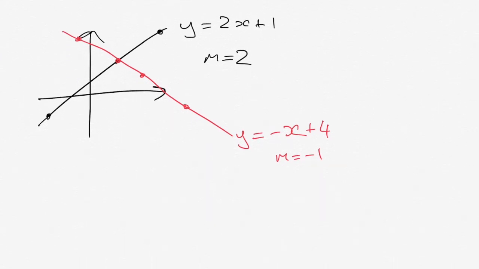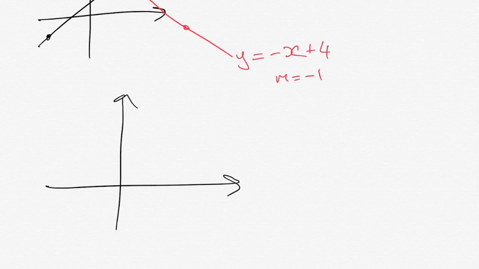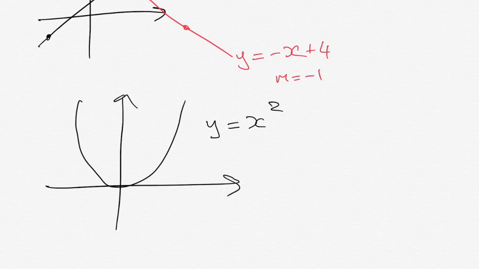All right, now if we have a look at another graph, let me quickly sketch something from our function study unit earlier. This one here is the graph of y is equal to x squared. Now it should be immediately obvious that this graph doesn't have a constant gradient. We might think about the gradient there. What's the steepness of that point?